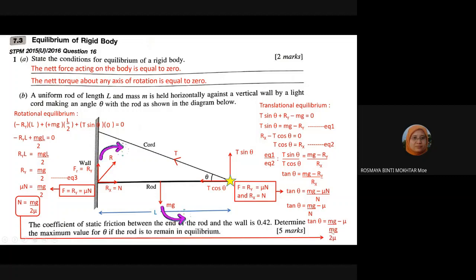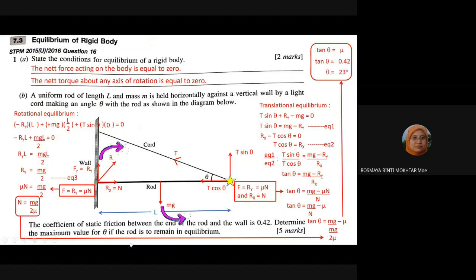Minus mu. In this equation, we can cancel out m. So the equation only has tangent theta equals mu. So you can determine theta from here by substituting mu 0.42, and you can calculate theta.